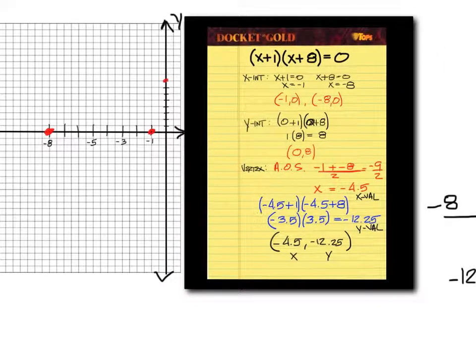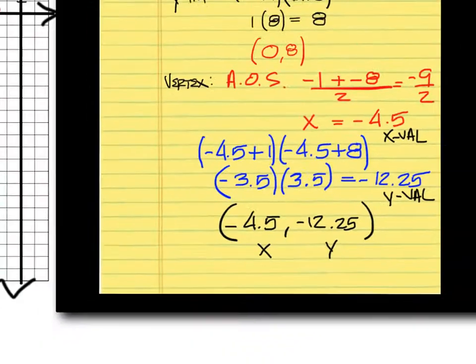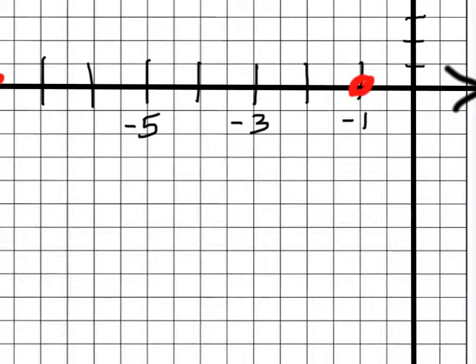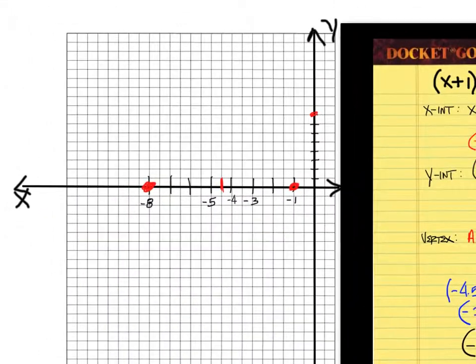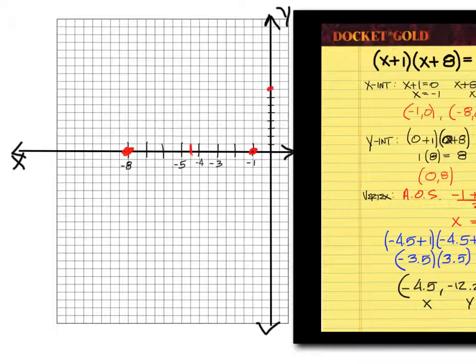Next up is the vertex, negative 4.5, negative 12.25. Negative 4.5. This is a negative 4. So this is negative 4.5. Let's put an axis of symmetry in there. And we'll do that in red.